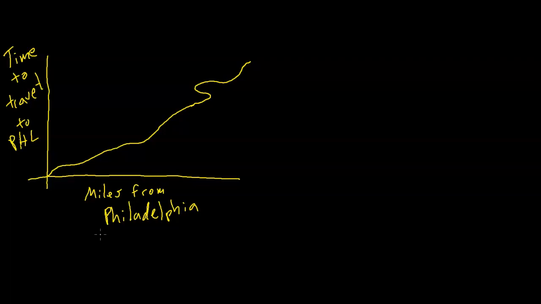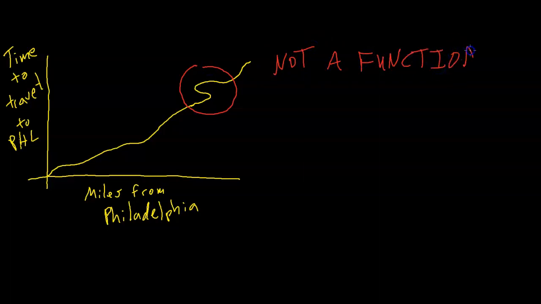But is it a function? Well, let's look at this region right here. How can we figure out that this region lets us know that this is not a function?